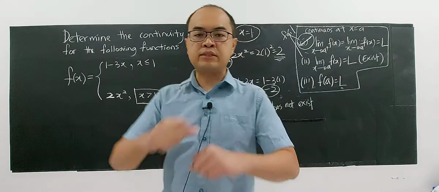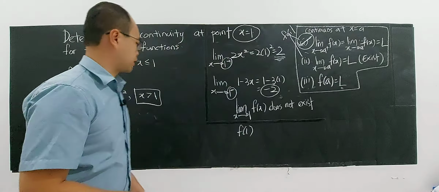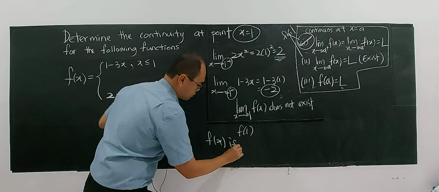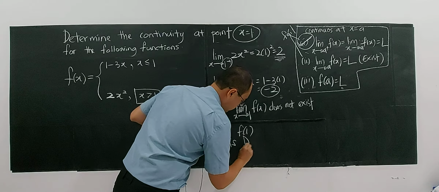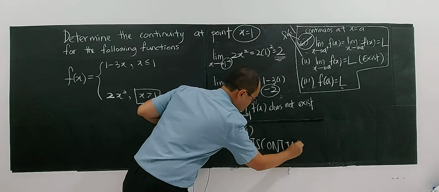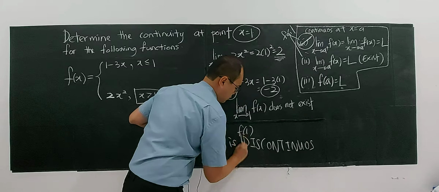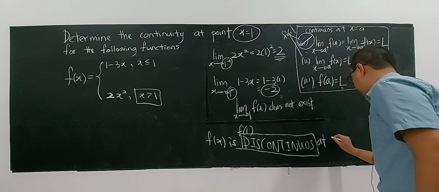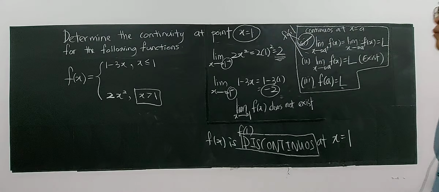Limit does not exist means the graph is broken. So we can say that f(x) is discontinuous. We use the word discontinuous at x equals 1. Very simple.